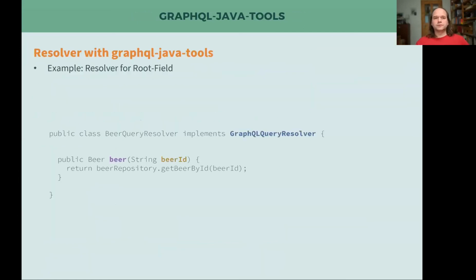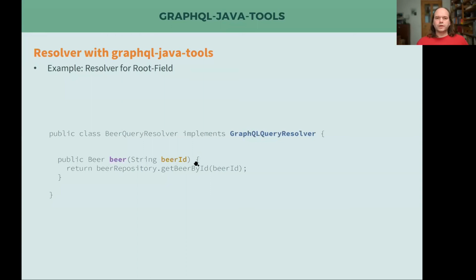First, GraphQL Java Tools. Instead of writing a data fetcher, you're implementing resolver interfaces. And the resolver interfaces work with POJOs instead of this data fetching environment. So you write a GraphQL query resolver, for example, and in your implementation, you have a method that is called exactly the same as the field in your query type in your GraphQL API, and you get the parameters as function arguments.